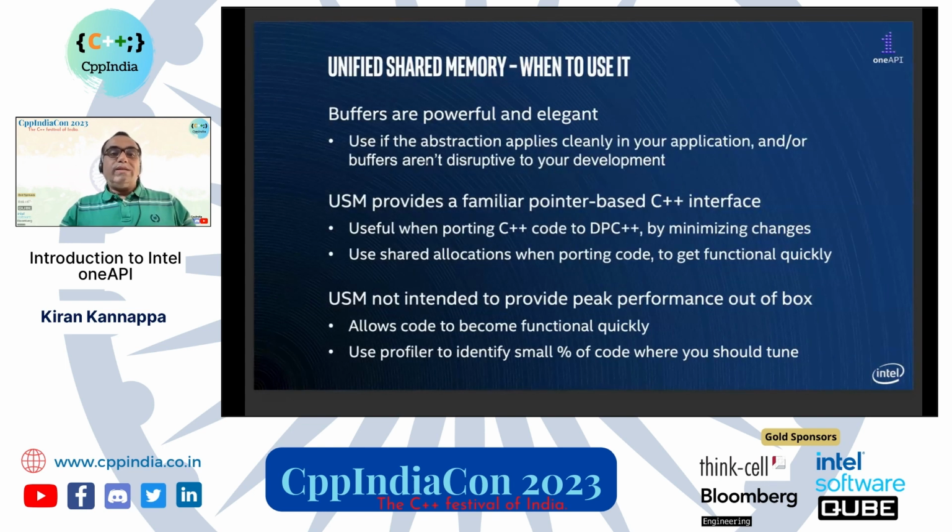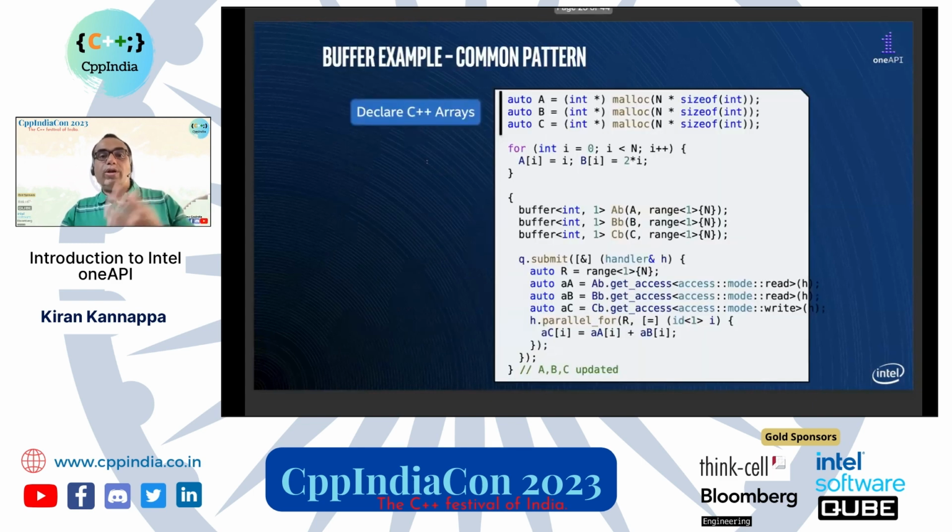Okay, so USM is a mechanism, especially when you are migrating code. I'll show it here. You can still continue to use the buffers and the buffer accessor along with your regular malloc instead of malloc shared and get the same result.